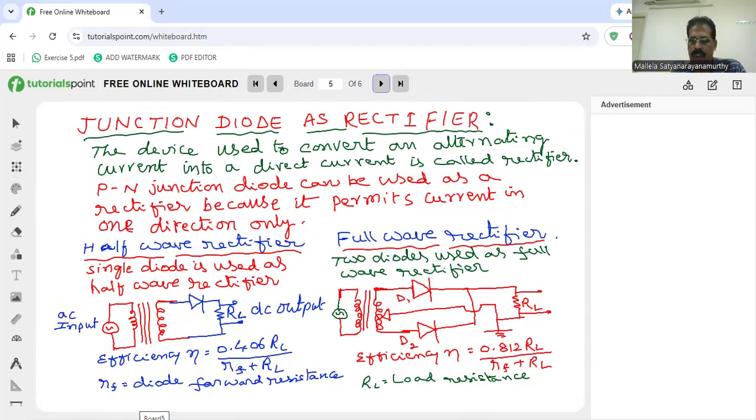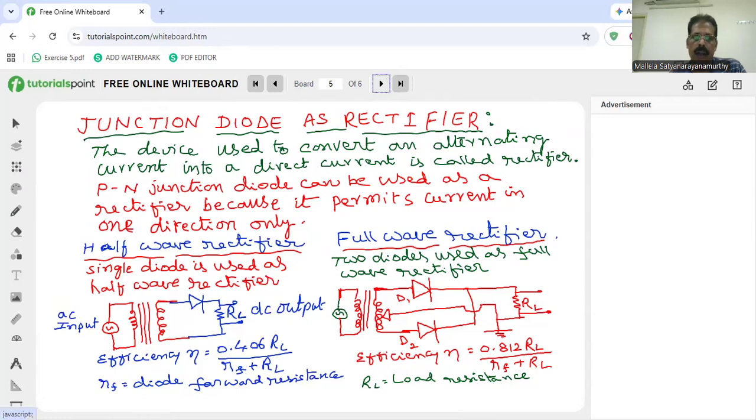When D1 is positive, D2 will be negative. When D1 is negative, D2 will be positive. So any one diode will be forward biased during the AC cycle. So the efficiency is double that of the half wave rectifier, 0.812 RL by RF plus RL.